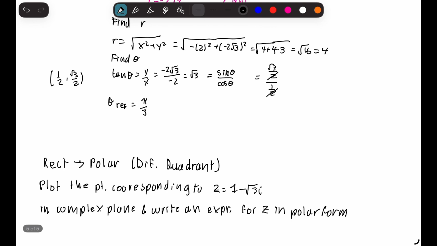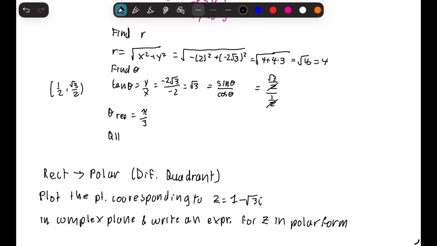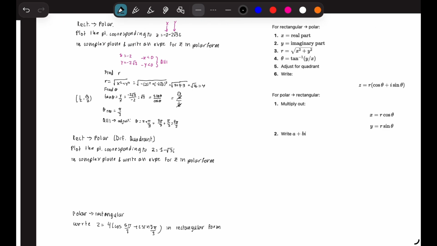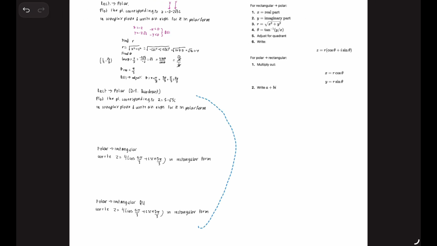So now, because you're in Q3, you have to adjust. So theta is equal to pi plus pi over 3, which is equal to 3 pi over 3 plus pi over 3, which is 4 pi over 3. Now let's actually move these questions down so you have more room.